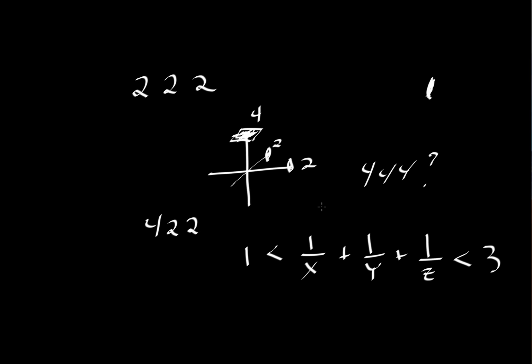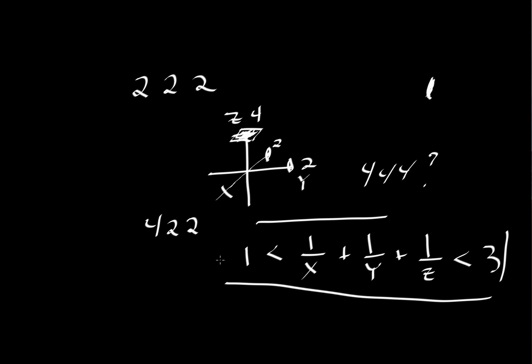So x could be, and it doesn't matter how we take it, the one in front here. We can let the left to right be y, and then we can let the vertical be z. Any trio that satisfies this relationship, which comes out of spherical geometry, would be a compatible trio.